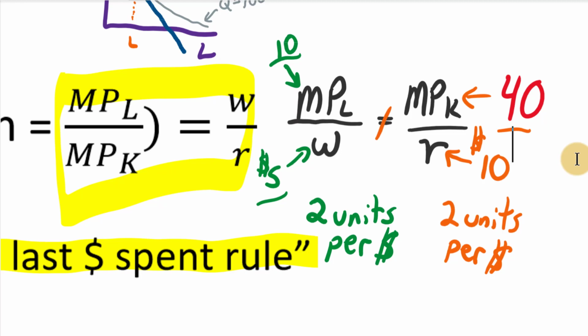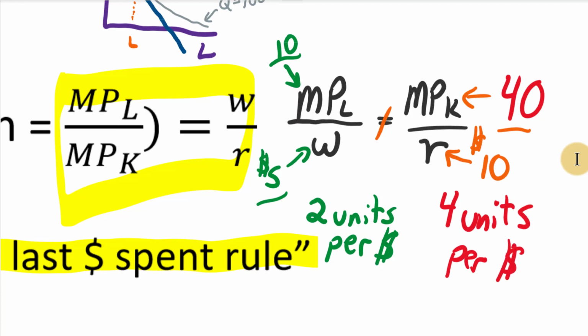Well, over here for machines, this is telling us that that last machine gave us more bang for our buck. Bang for our buck meaning we got 4 units of output for the last machine per dollar we spent on it.